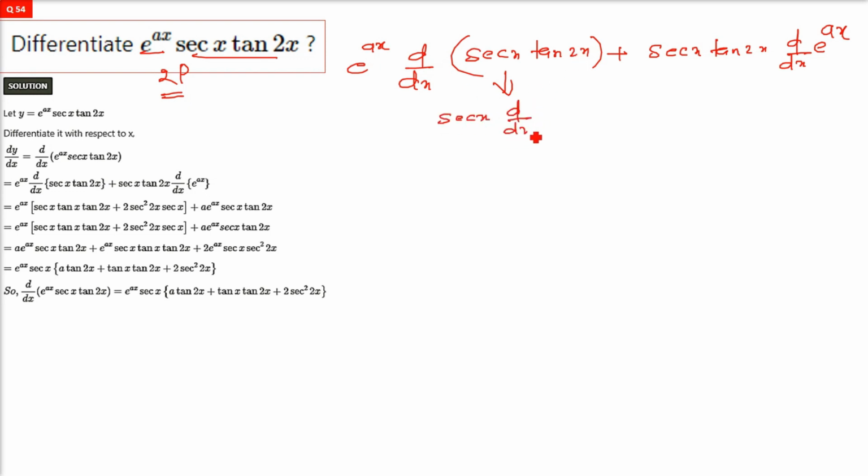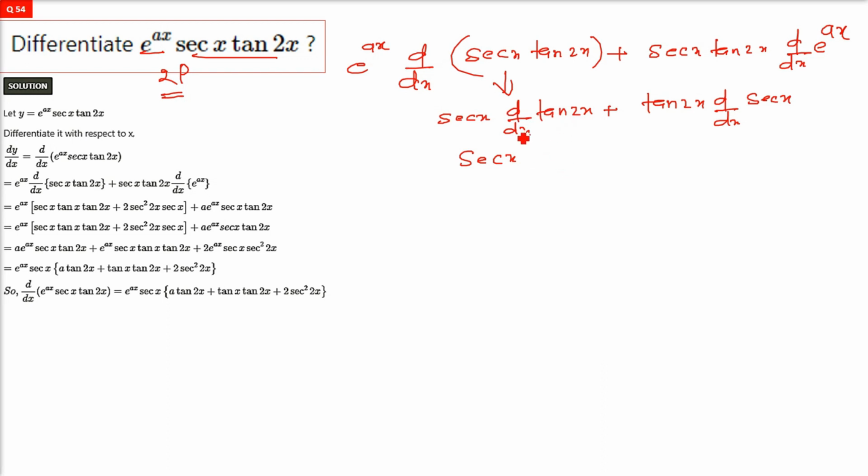So sec x d by dx of tan 2x plus tan 2x d by dx of sec x. So this is going to be sec x. What is the differentiation of tan theta? It is sec square theta. So write it as sec square 2x. And differentiation of sec x is sec x tan x.